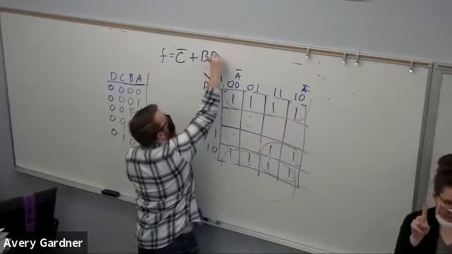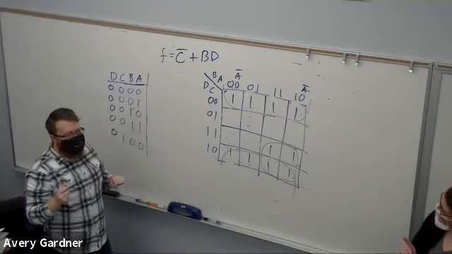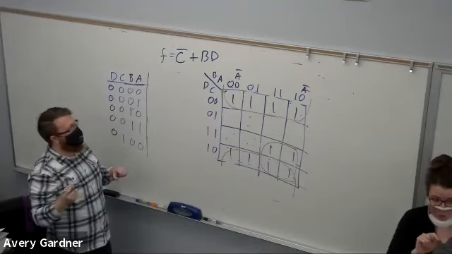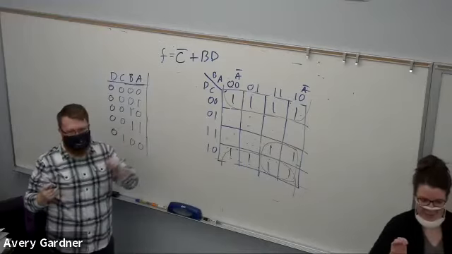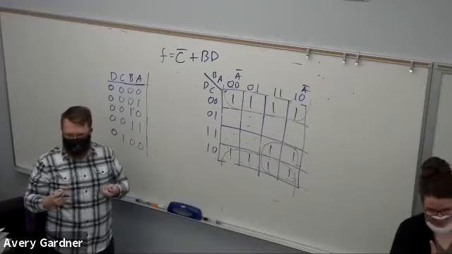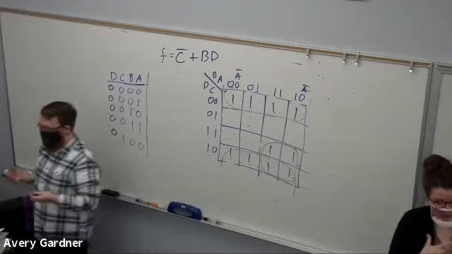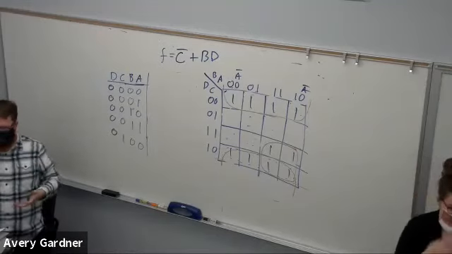So B, D. For each of your product terms, please write them in alphabetical order. Don't write DB, write BD, because it ends up being way easier for me to grade, which means I like you better, which means I'm going to go easier on you. It just happens. If I get confused, I get frustrated, and I give you less partial credit if you screw up.